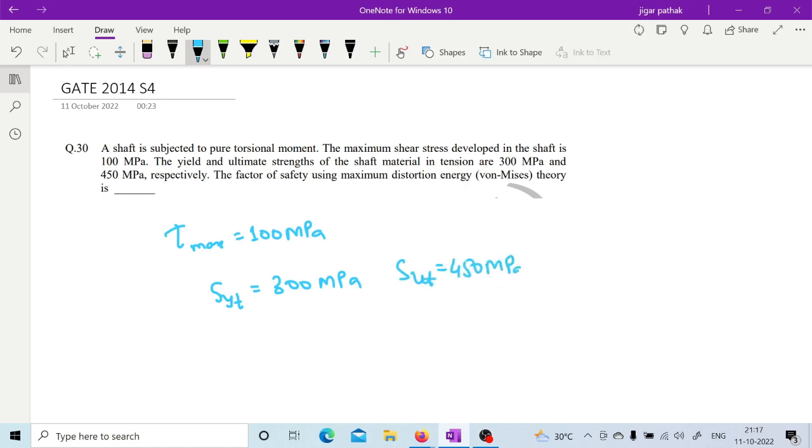The factor of safety using maximum distortion energy theory? Can you try this question?